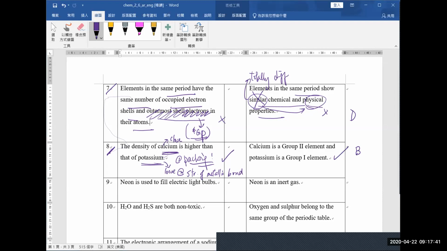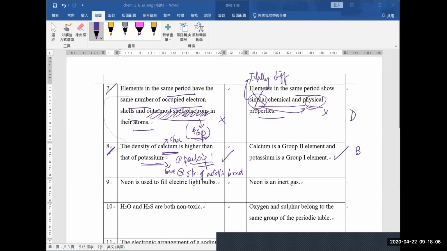So you have to go back to the factors affecting the strength of metallic bond, which is the number of delocalized electrons released per metal atom. This is something about negative, right? How about positive? It is the metal cations. So you have to consider the size as well as its charge.